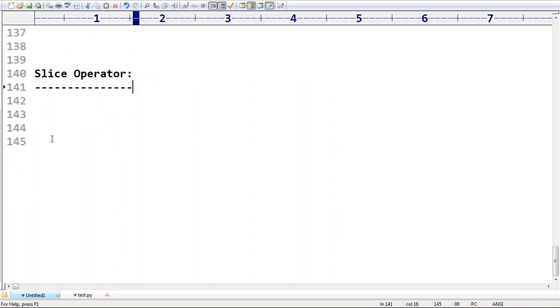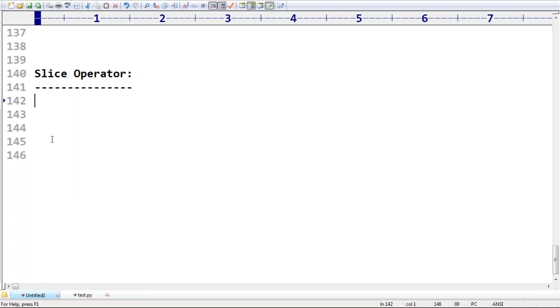But I'm not going to discuss it in detail at this stage, because after completing these data types, again we are going to discuss the string concept in detail. At that time I will cover the slice operator in detail, but try to get a basic idea about it.